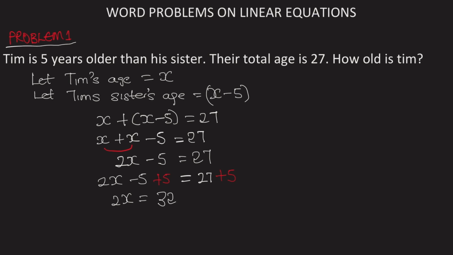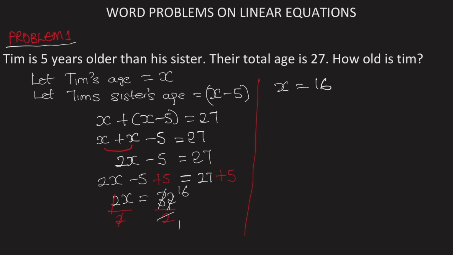From here we need x alone, which is Tim's age. So let's divide both sides by 2. That leaves us with x is equal to 32 divided by 2, which is 16. So x is equal to 16.